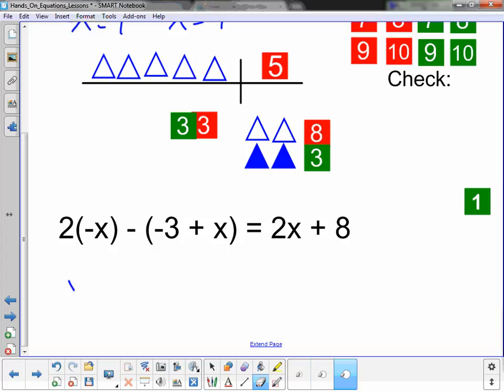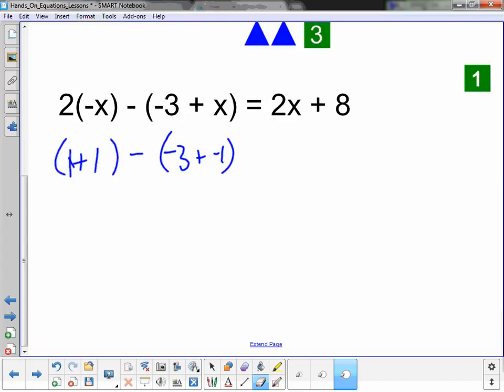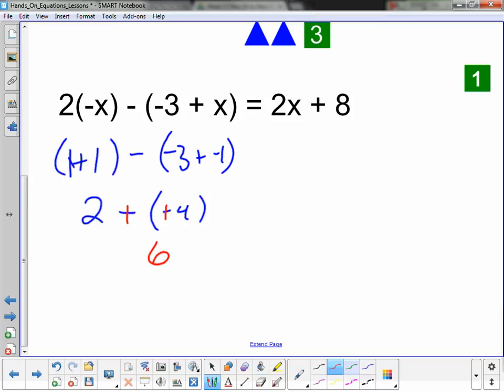So I have a 1 plus a 1. That's this first part. And then I got a negative 3 plus a negative 1. And I'm supposed to subtract there. So this gets me 2 minus negative 3 plus negative 1 is negative 4. Here we have the add a line, change of sign, so I get a positive 6 on that side.